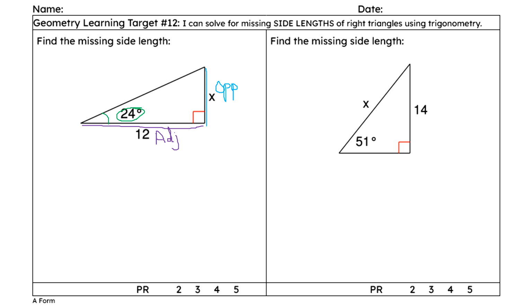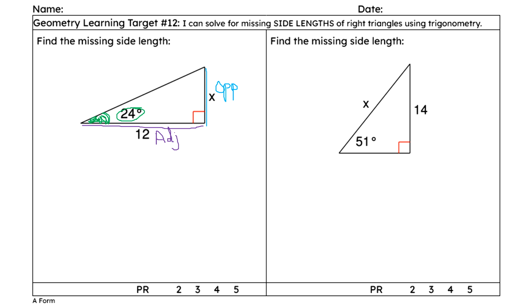I don't have that value. I don't need to find that value. That value is not going to help me. So I have the adjacent and I'm trying to find the opposite. And those are in relation to this angle measurement right here. This is adjacent to 24 degrees, this 12, and the x is opposite the 24 degrees.